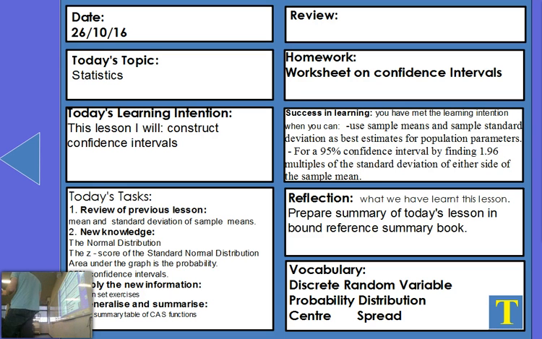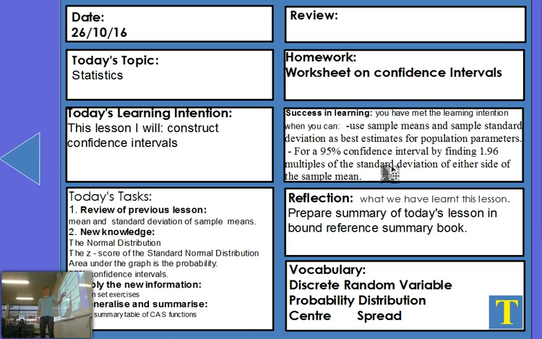So if we don't know what the population mean or the population standard deviation is, because we're unable to measure or examine the whole population and all their data, we just look at a sample and use the statistics from the sample as a best estimate. Does that make sense?